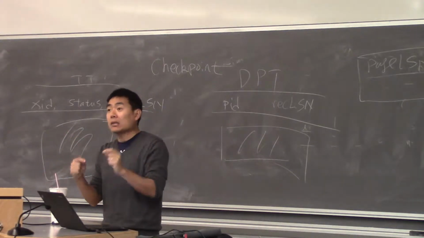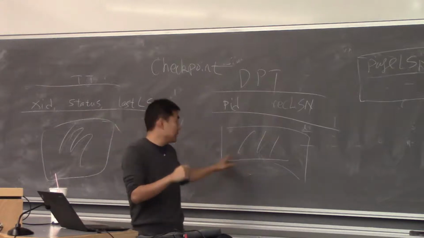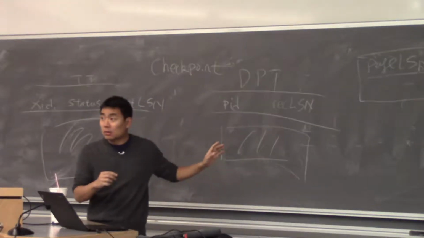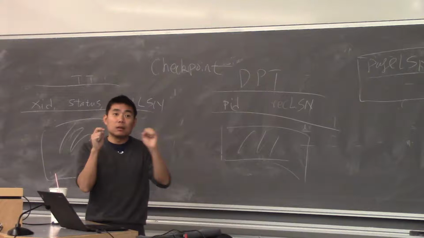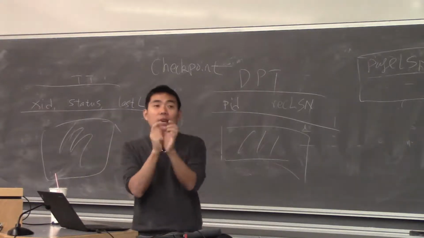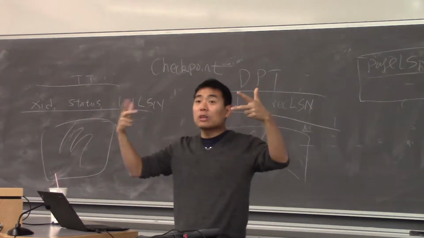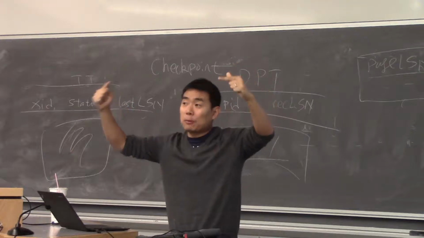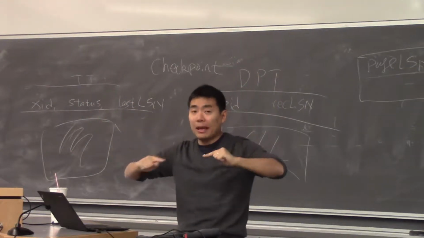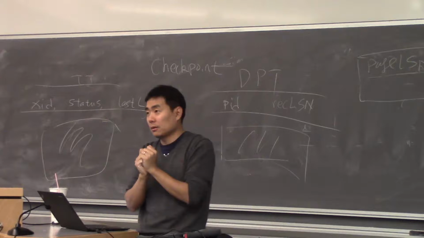While you're doing that, updates may continue to happen to these two tables. But you don't care. So what checkpoint does is give you an image of these two tables at the begin checkpoint timestamp, not at the end checkpoint timestamp.